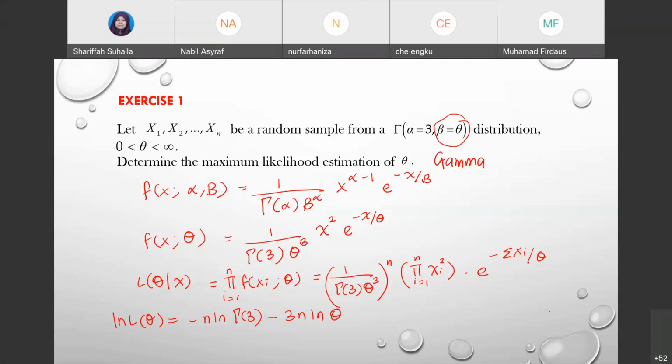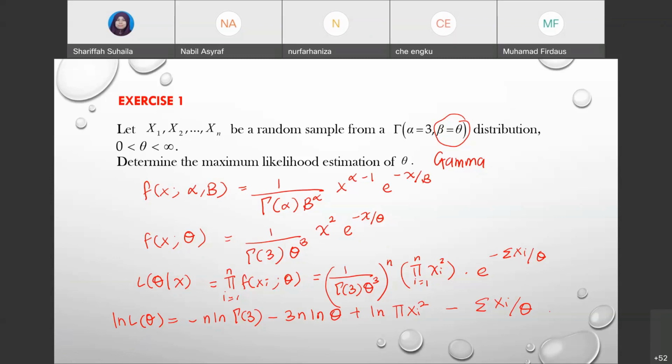So bawa ln, ambil ln. So you have this one. And then plus ln of your product xi square minus summation xi over theta. Okay, dapat tak that? Boleh follow kat sini. ln L theta ni.